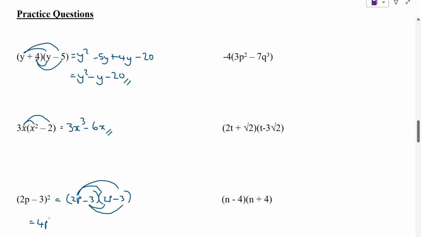Gives us 4p squared, again, simplify. Single brackets again.